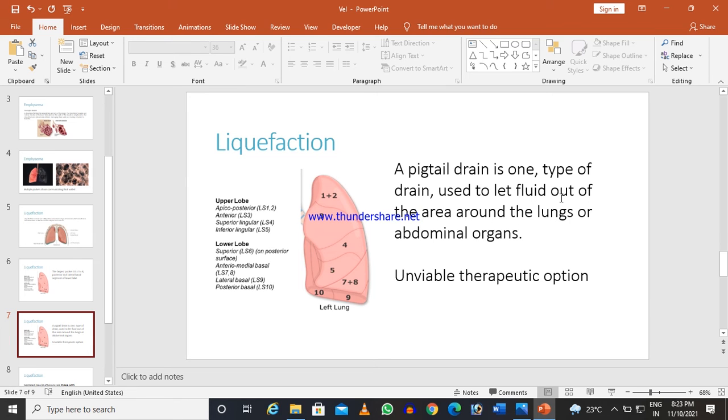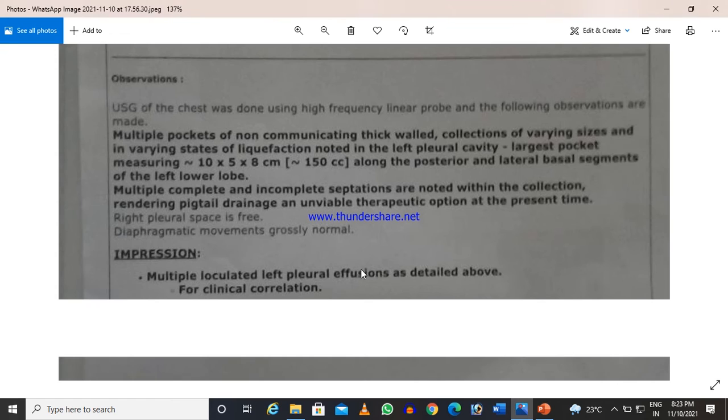Basically, this is one type of drain used to take the fluid out of the area around the lung or the abdominal organs if there is accumulation of liquids. So it's telling that right now it's not possible, based on the condition of the patient. It's not clear to me why they have written this line. What complications are there, it is not clear.